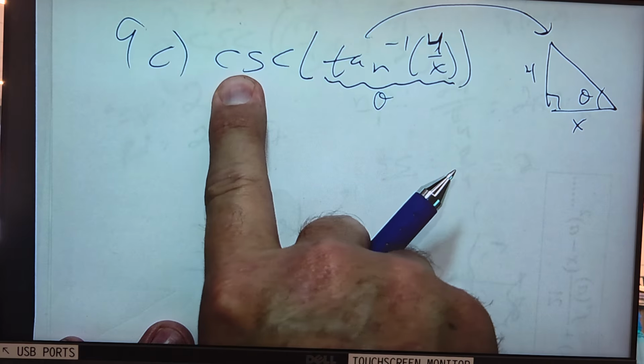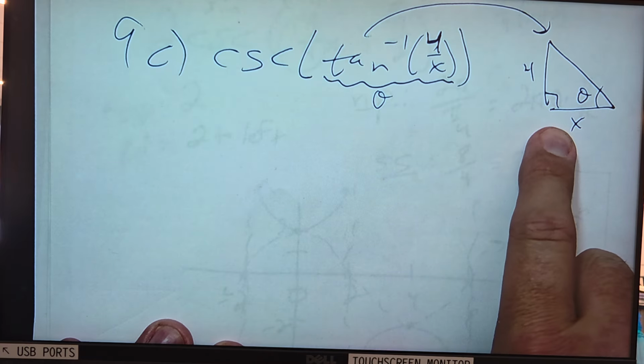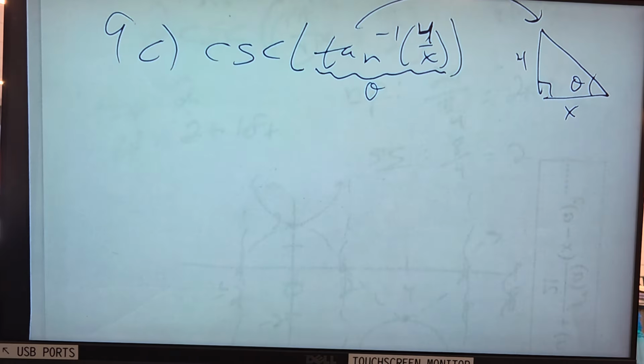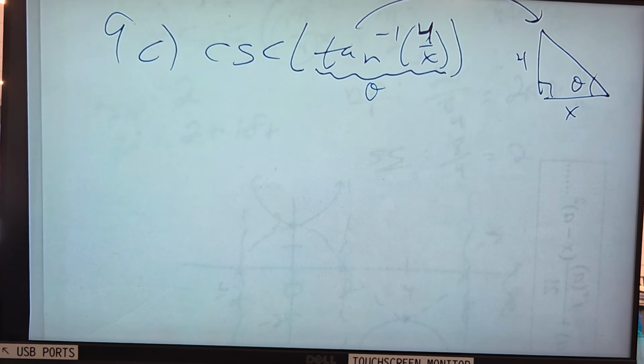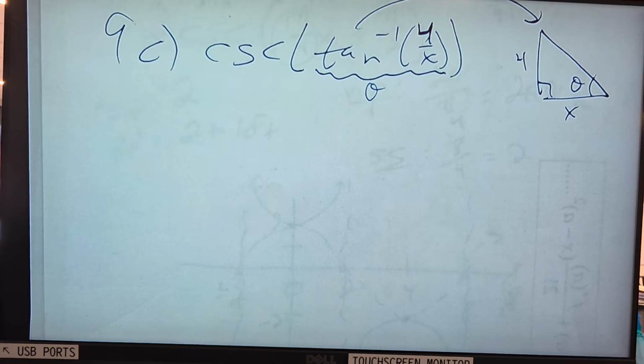To answer the cosecant question, do I have everything I need? What ratio is cosecant? 1 over sine. And what ratio is sine? Y over r. So then cosecant is r over y, or the hypotenuse over the y side.